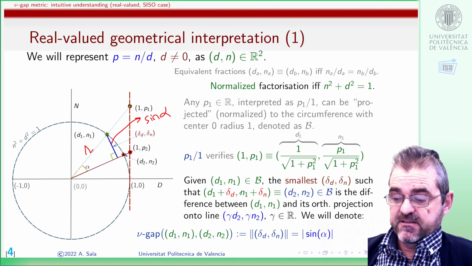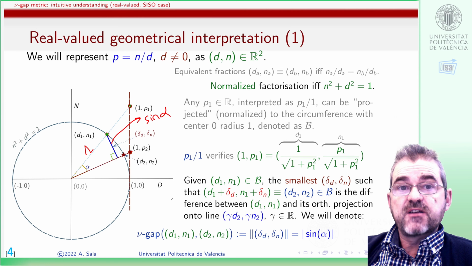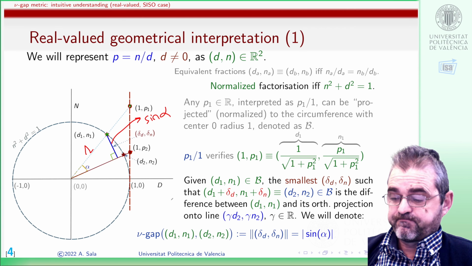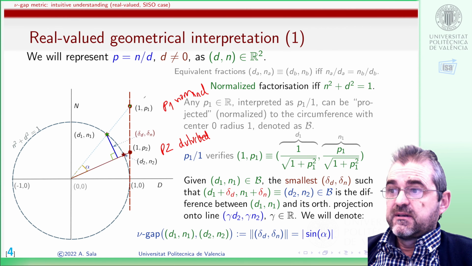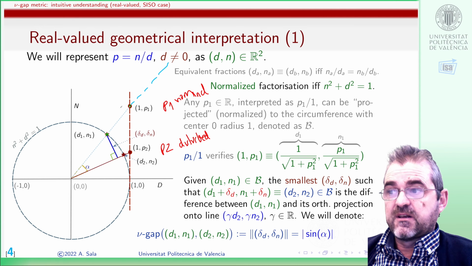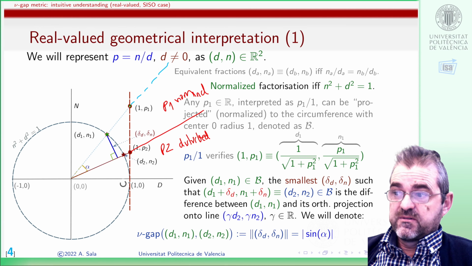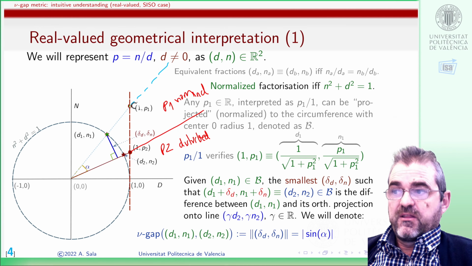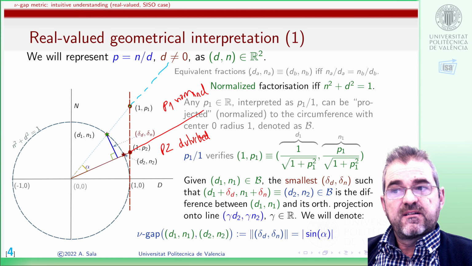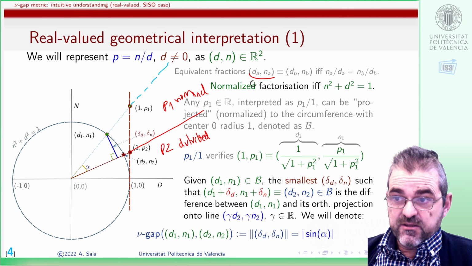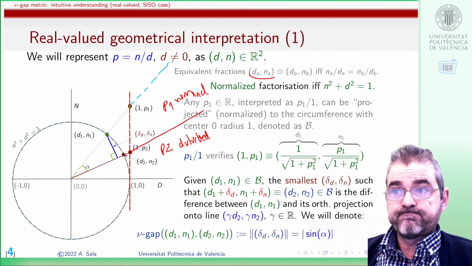So this is it. Let us summarize to conclude. Any real number can be understood as a line whose slope is the real number and the actual components are numerator and denominator of equivalent fractions.